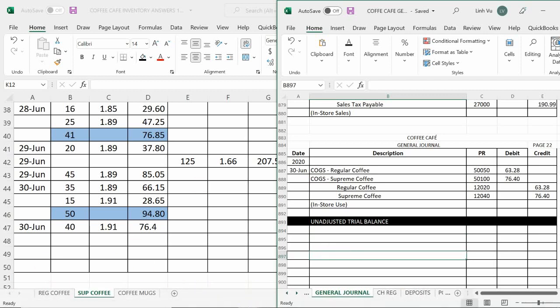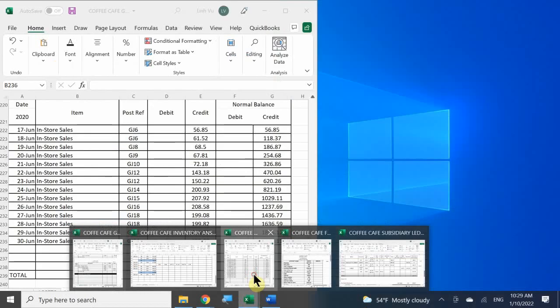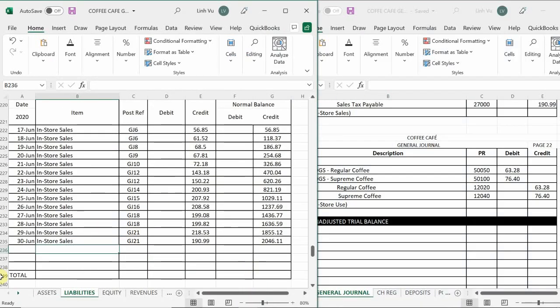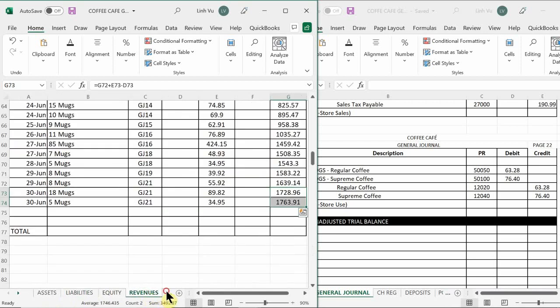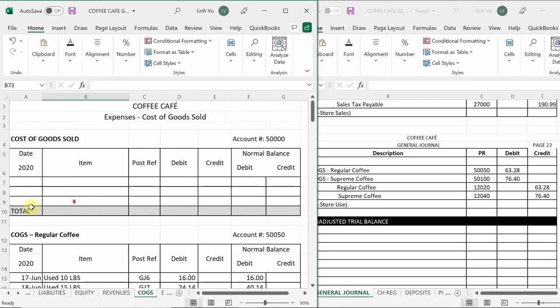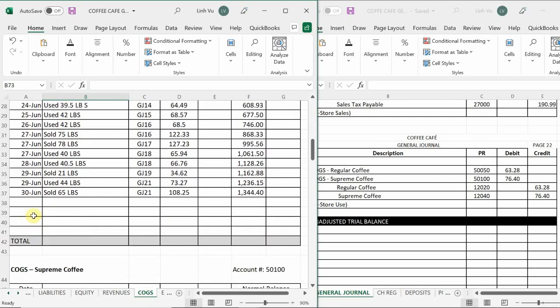So let's go ahead and update our ledgers here so we can get our correct amounts. So cost of goods sold for regular coffee, we used 38 pounds. General journal 22 now, for a total of 63.28.